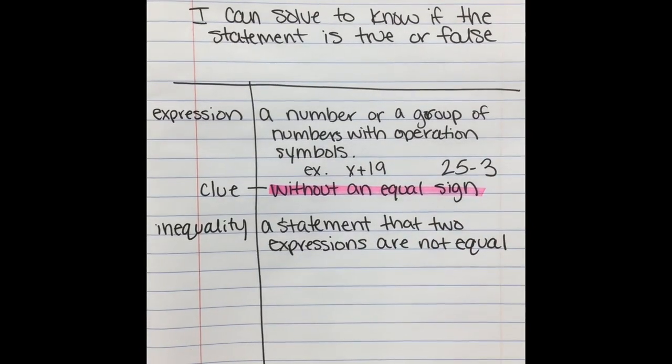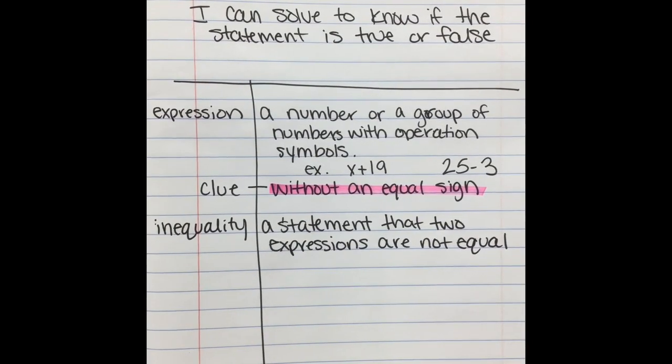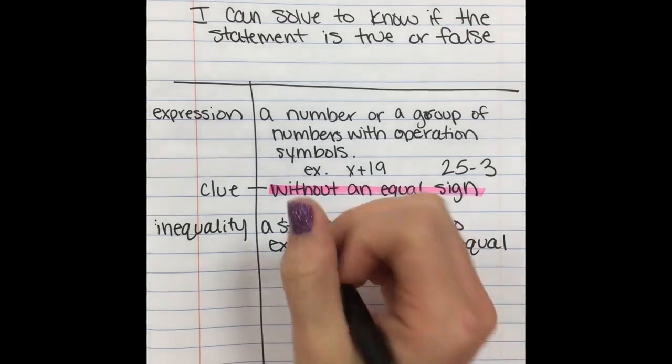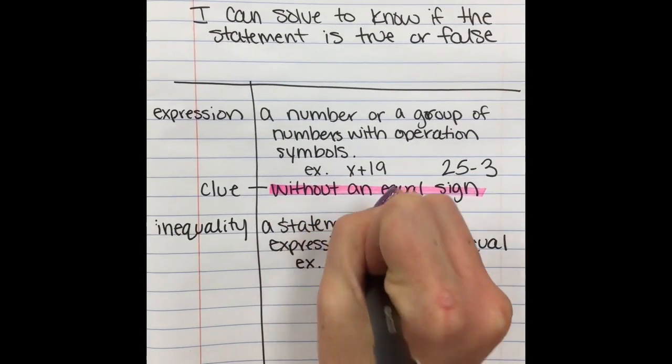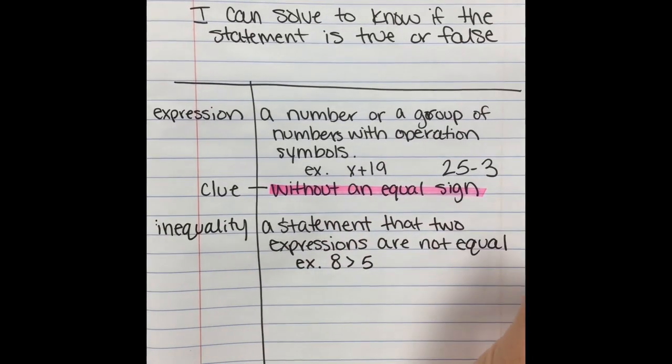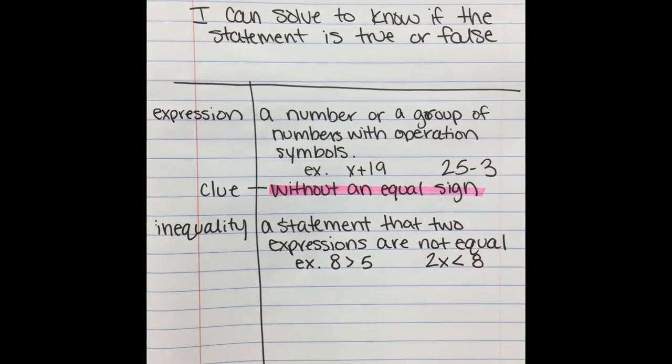So inequality, it's supposed to be an I. Inequality, a statement that two expressions are not equal. So example, 8 is greater than 5, or we might see 2x is less than 8. So these are two examples.